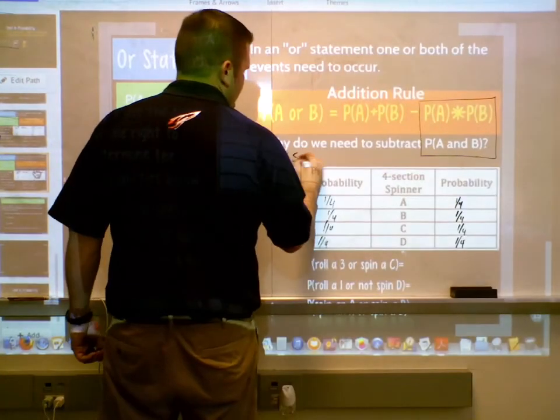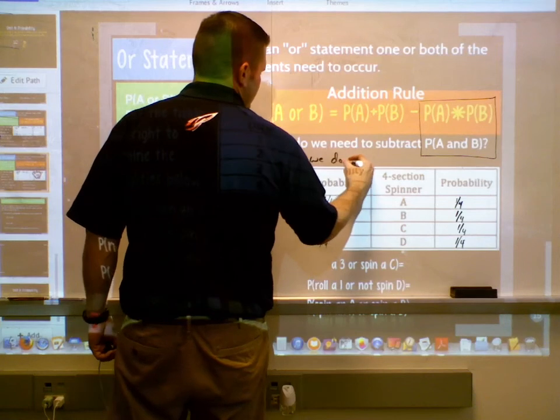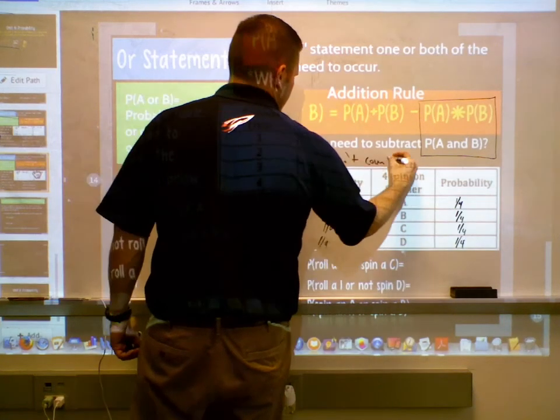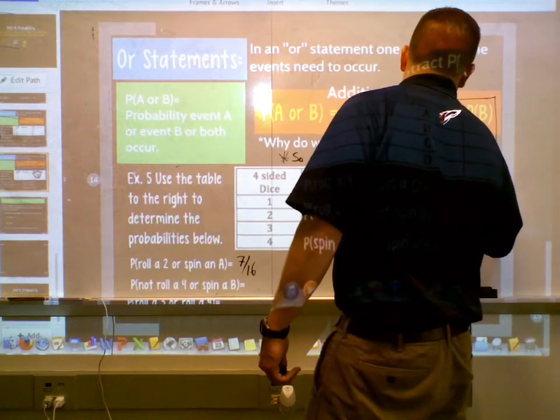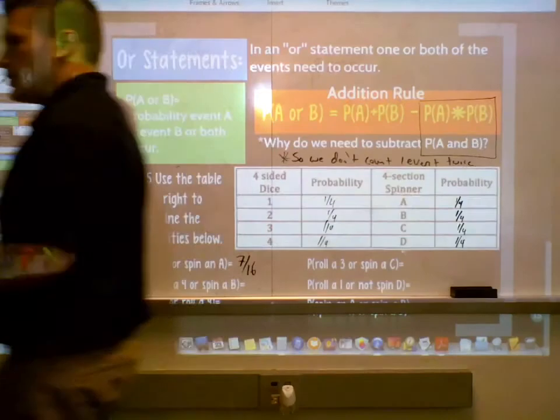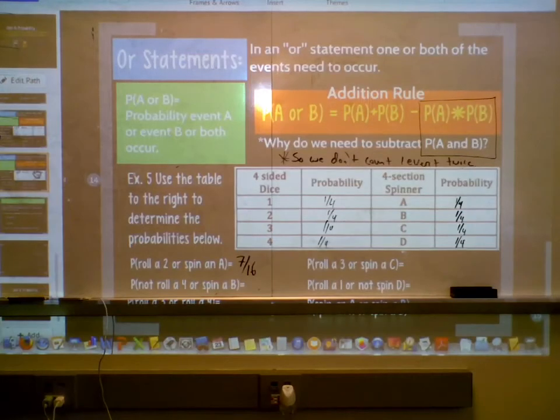Okay. So we do not count one event twice. Does that make sense? And that's why we do the addition rule second, because we need the and rule to do the addition.